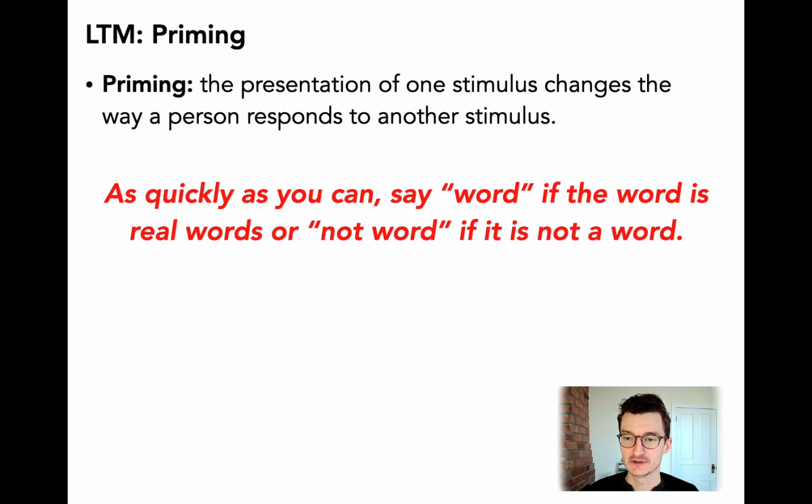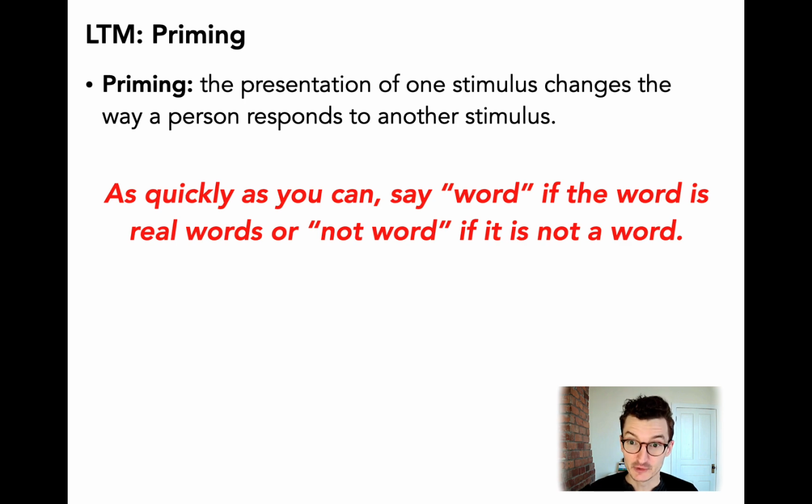And we often study priming using what's called lexical decision tasks. And these involve showing you a word, or I should say a string of letters, and asking you, is this string of letters a word or not? And you simply respond as fast as you can. Yes, it is a word. No, it's not a word.